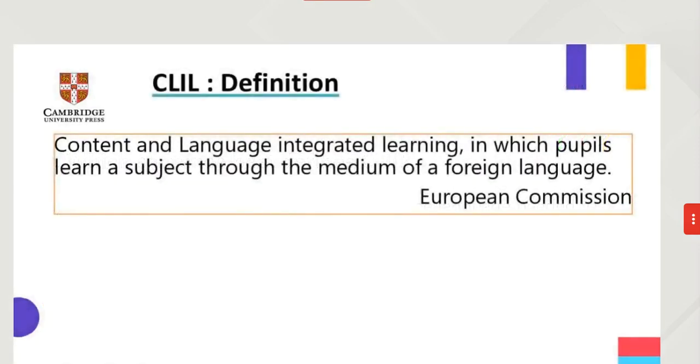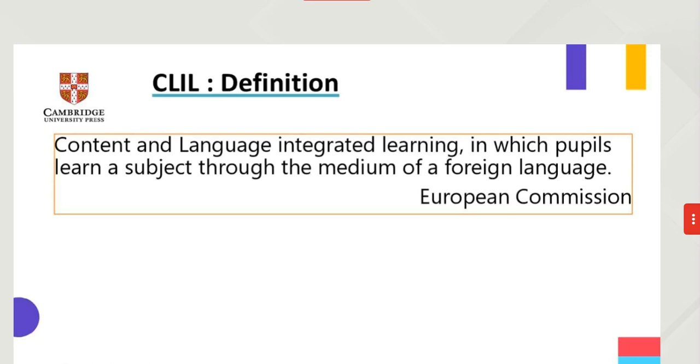Here we have a definition of what CLIL is. According to the European Commission, content and language integrated learning is one in which pupils learn a subject through the medium of a foreign language. But I think this seems a little bit simple. Why?